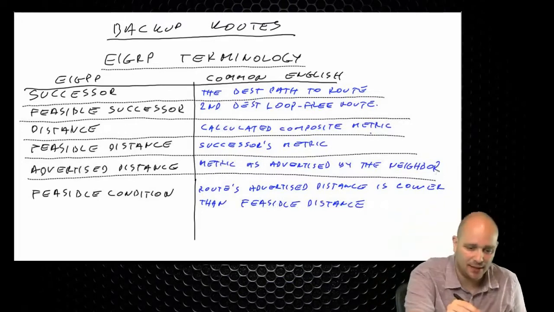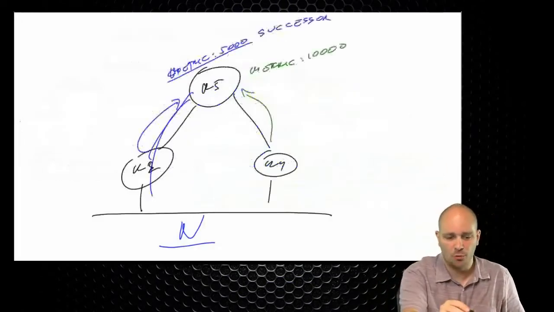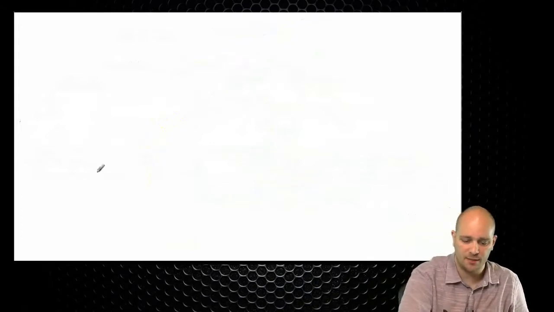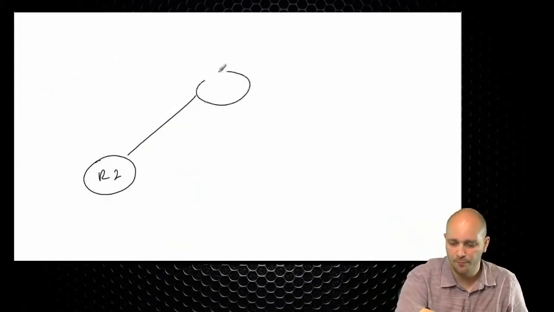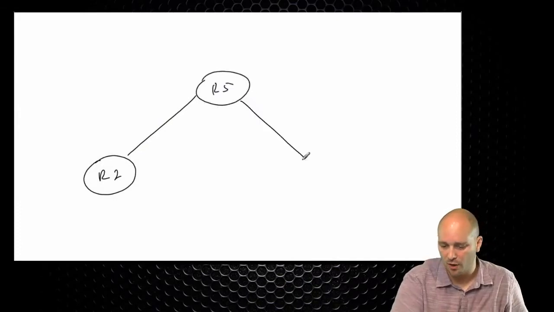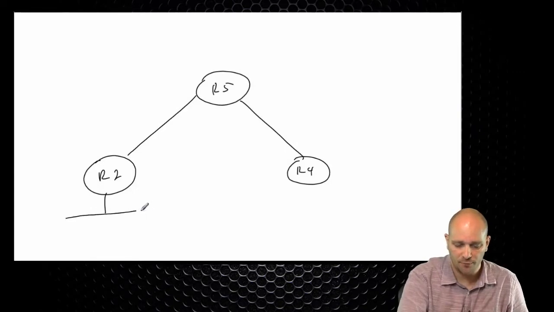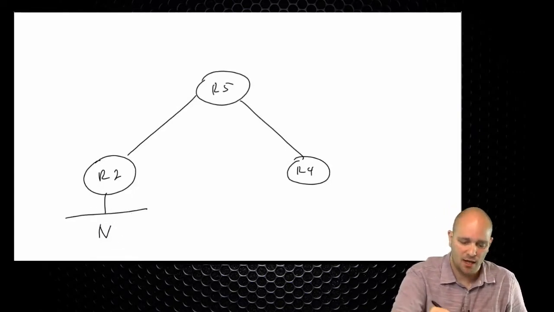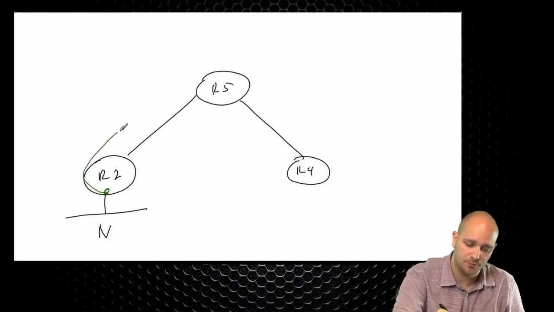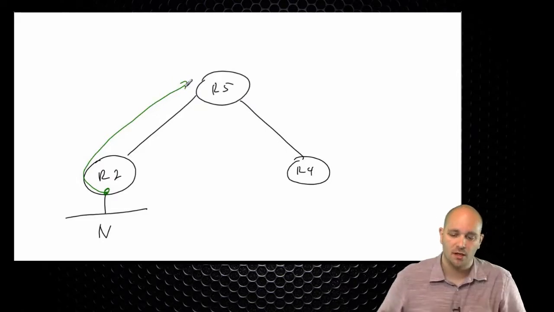Now, let's see it in an example. So, again, I'm going to use the example of my R2 connected to R5, connected to R4. Now, let's say that it's only R2 here advertising a certain route. So there is a route N here, and R2 is injecting this into EIGRP and is advertising this route towards R5.